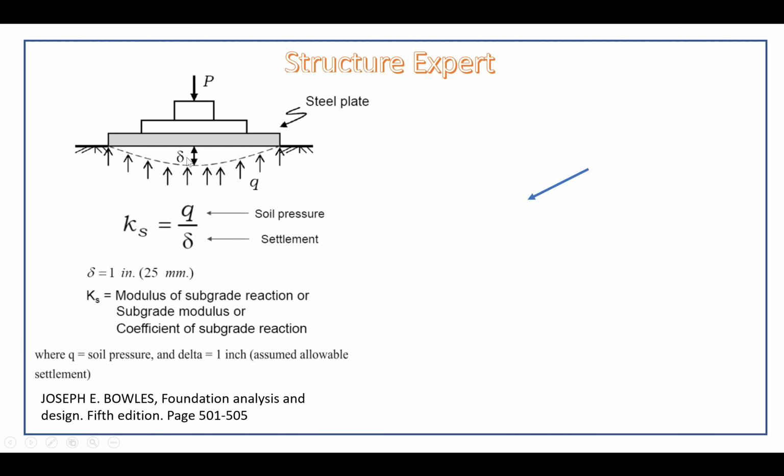So you can determine Ks, the modulus of subgrade reaction, by using the formula: 40 multiplied by the safety factor multiplied by the allowable soil bearing capacity. The unit is kilonewton per cubic meter.